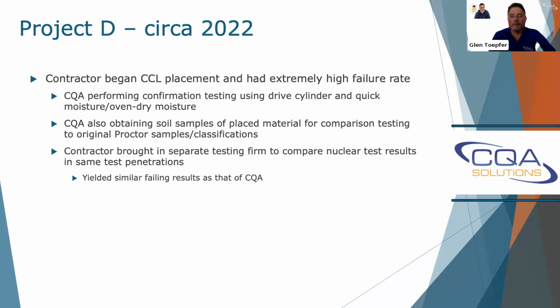They were also obtaining samples, 1 points, and classifications, checking back to the original sample, to make sure they were using the right proctor. And the contractor themselves, they were at risk of getting kicked off the job, and they brought in a separate testing firm to compare nuclear test results in the same test penetrations as the CQA. And the guy did it. I watched him do it, and similar results to what the CQA got.